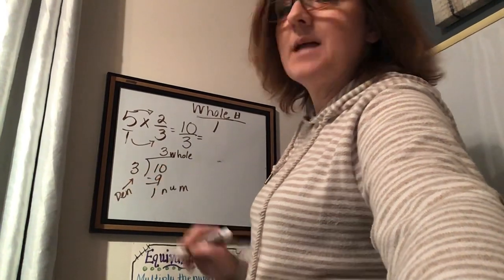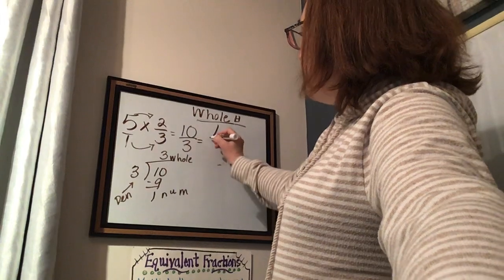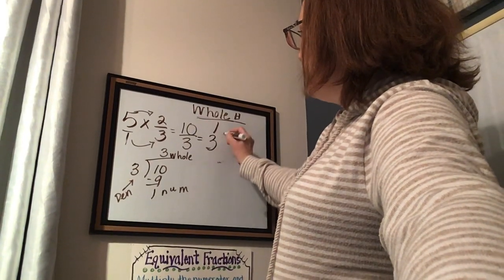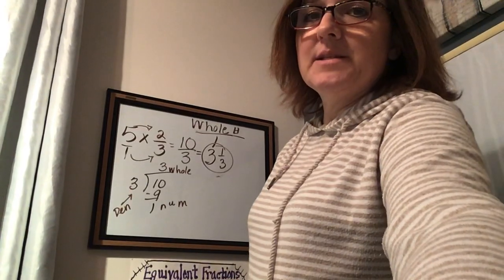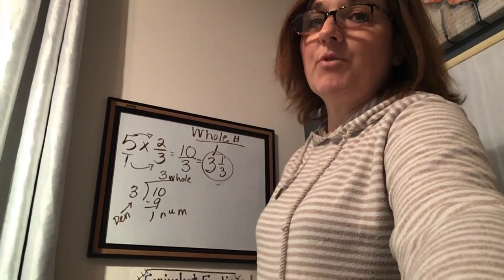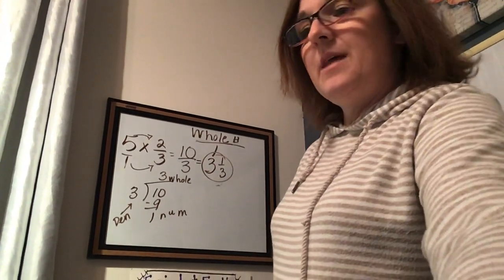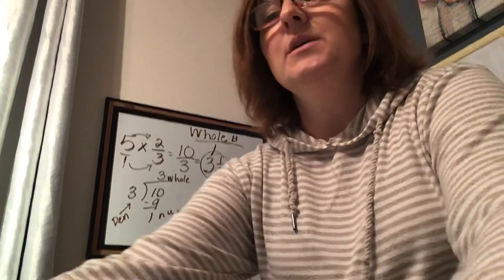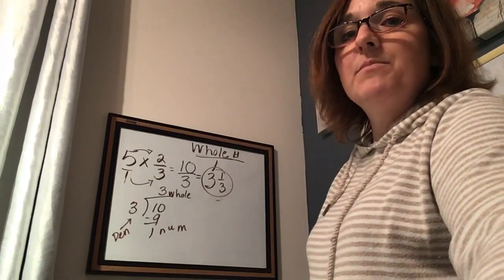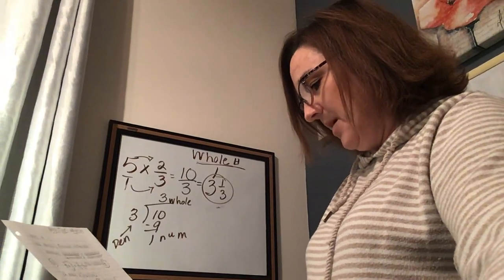And remember what we say, denominators never change. So if you start with 3, you end with 3. So this is going to be 3 goes into 10 3 times with 1 left over. You can always do the backward circle step to see if it matches that 10 over 3. 3 times 3 is 9 plus 1 is 10 over 3. And that is how you're going to change those whole numbers times fractions into the real answer, the proper answer.